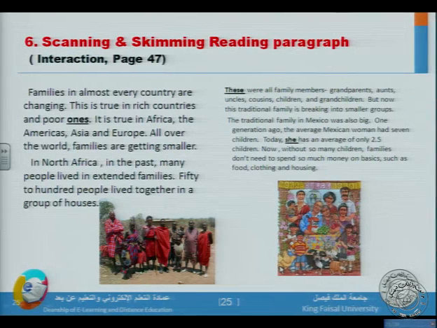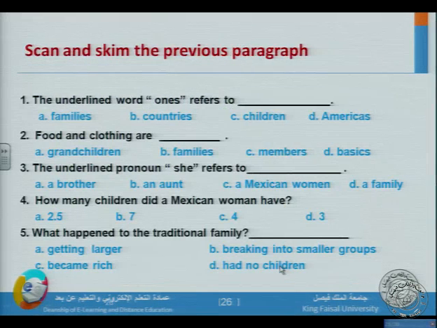One generation ago, the average Mexican woman had 7 children. Today, she has an average of only 2.5 children. Now, without so many children, families do not need to spend so much money on basics. Basics such as food, clothing, and housing.